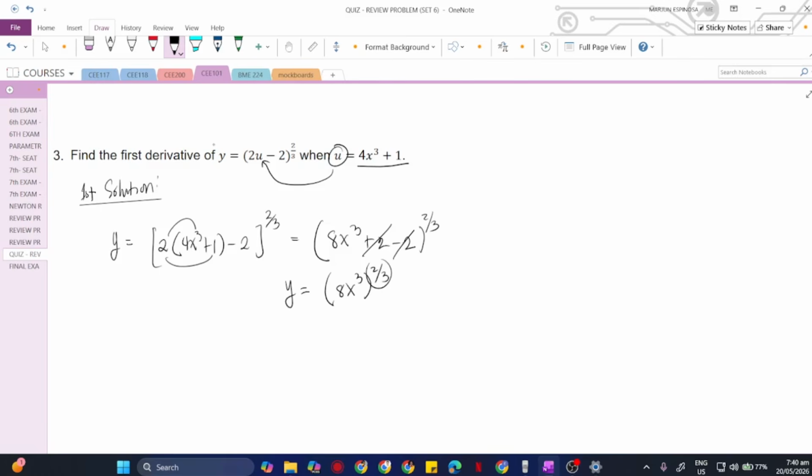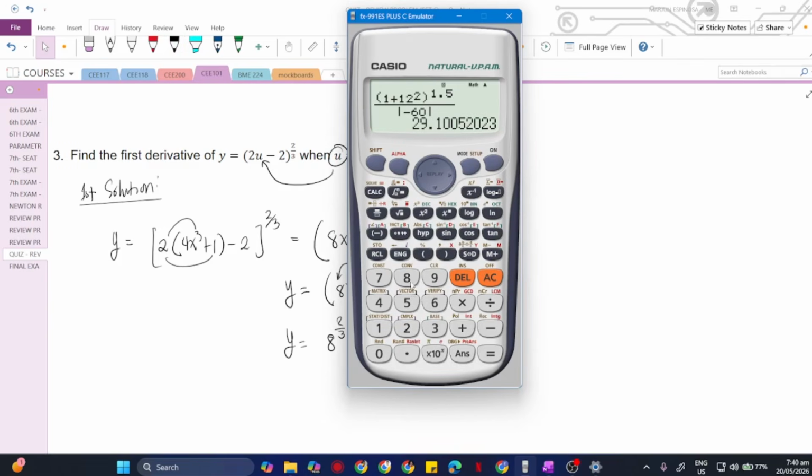So this 2 thirds exponent, let's distribute it in our base. We have here 8 raised to the power of 2 thirds, which is a constant, and then we have x cubed to be multiplied by 2 thirds. So the 3 will be cancelled. Let's calculate 8 raised to the power of 2 thirds, and that would give us 4.